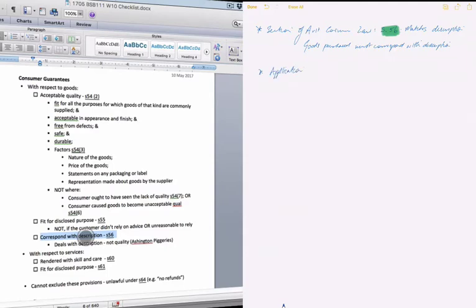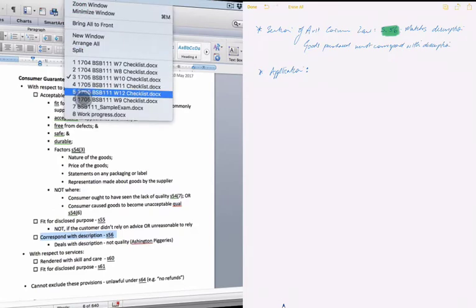Okay, now I'm going to do some application. If I look at the particular question in the exam, it says I get 1 mark for identification of the section, which I've now picked up, and 1 mark for applying the section to this situation. So let me do this application.